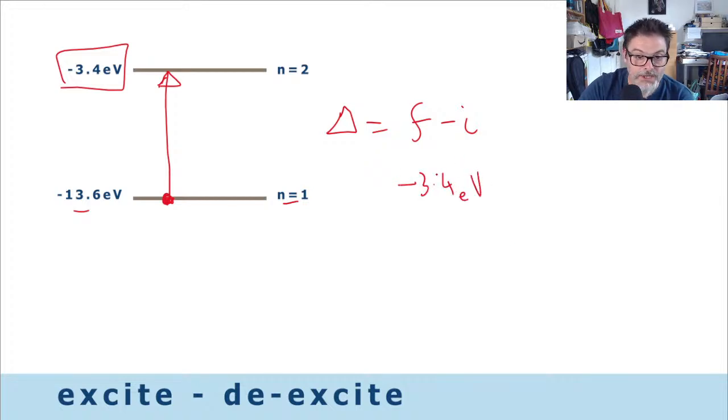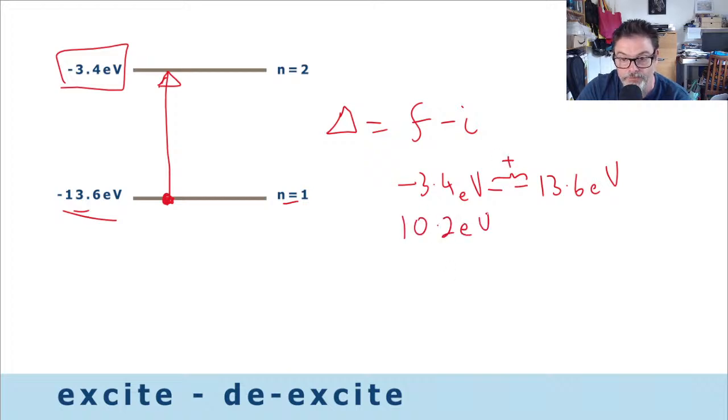And then we're going to take away the initial value, which was minus 13.6 electron volts. And when you do that, obviously, they become a plus, and you end up with 10.2 electron volts. Right, now this is a big deal. What this means is that it's going to take 10.2 electron volts to get Johnny Electron from level 1 to level 2.